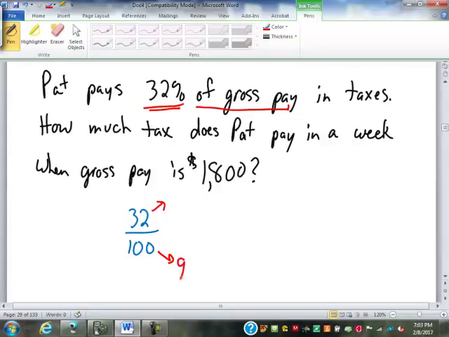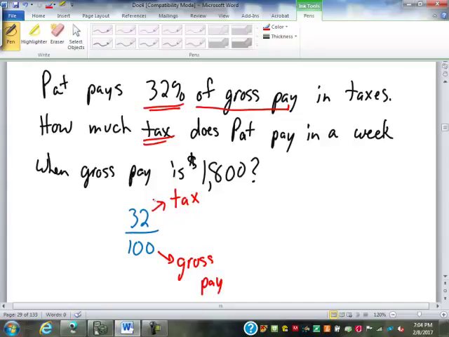So the gross pay represents the whole amount. Be patient with yourself. It takes a while to recognize the keywords that help you put stuff in the right spot. So the gross pay represents the 100. So what's the other thing up there? The tax, right? So the 32 must represent the tax.